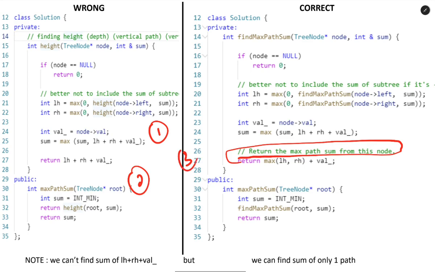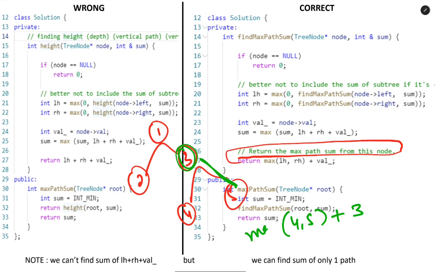If it was on 3, the sum would be computed for 3, 4 and 5, but only 3 plus 5 would be returned. It would be the maximum of 4 comma 5 plus 3, which is definitely 3 plus 5 equals 8. So 8 will be returned.